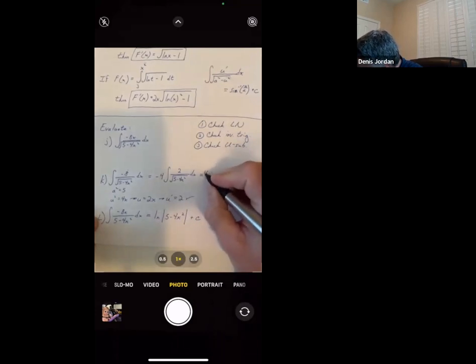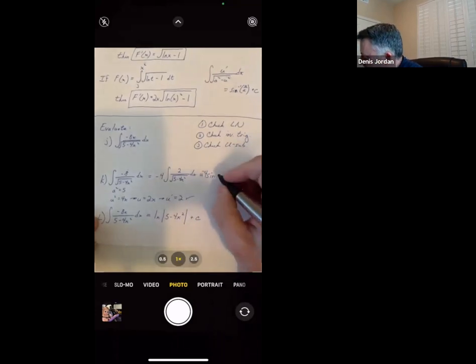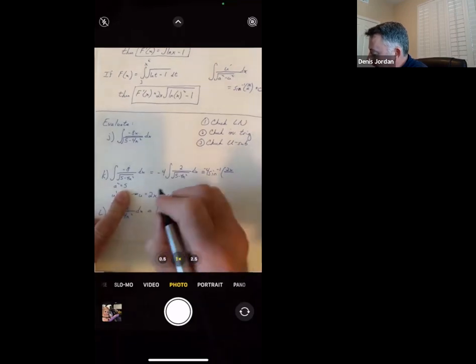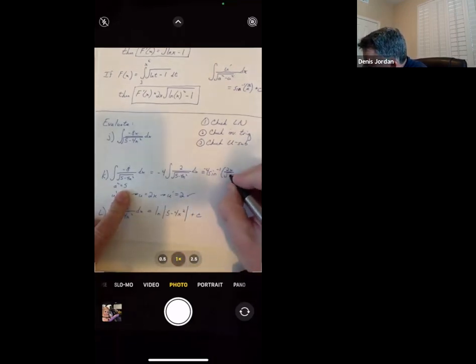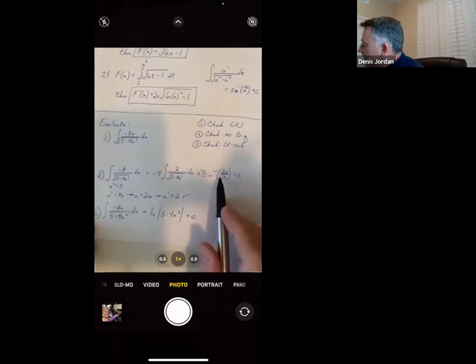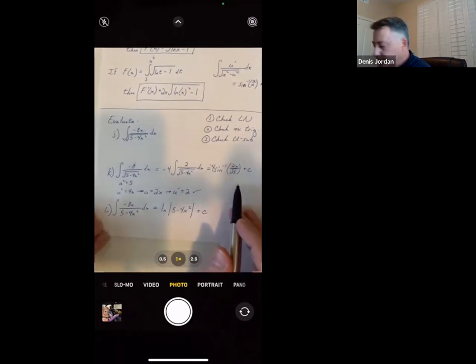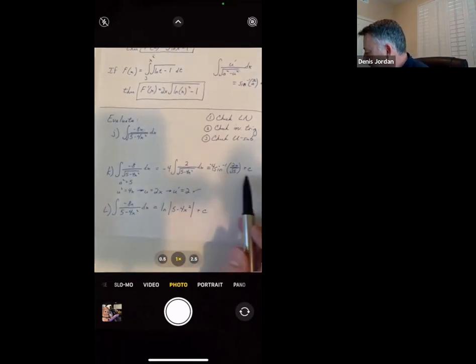So -4 inverse sine, or arc sine, of the u, which was 2x, all over the a, which would be 2 root, or just root 5. And you can rationalize it if you want to, but you don't need to.